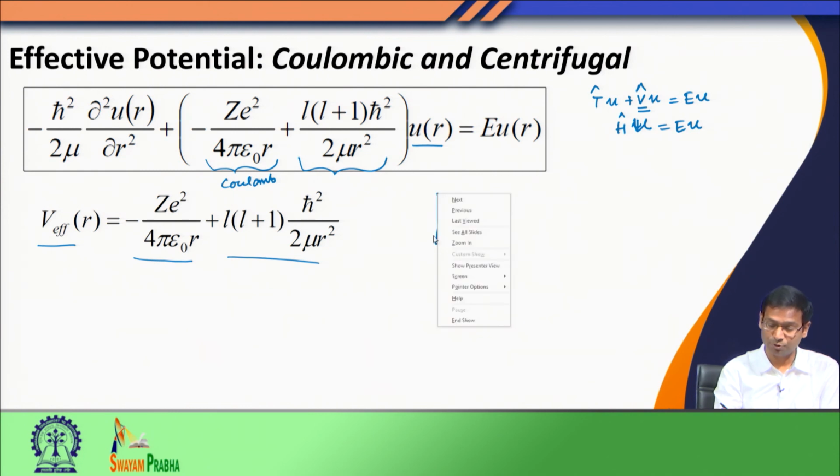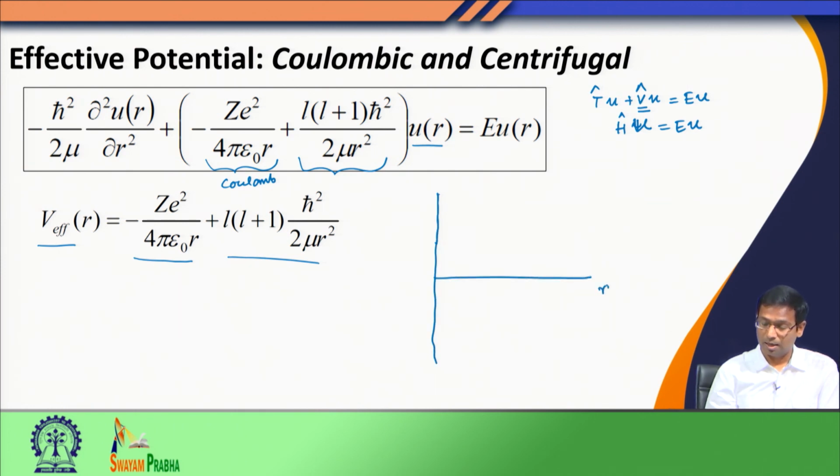So, if I have to draw the V as a function of r, where this is my 0, and I first look at the first term, the Coulombic term, you will see this will be a minus 1 over r term.